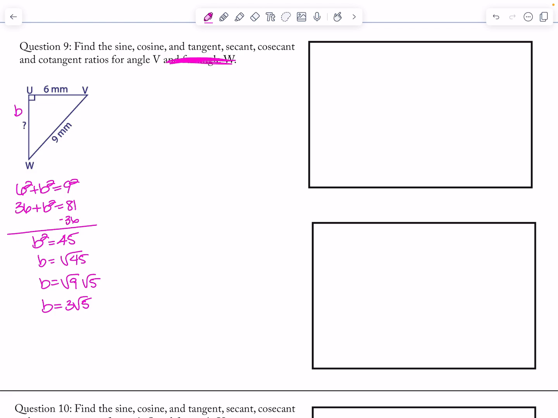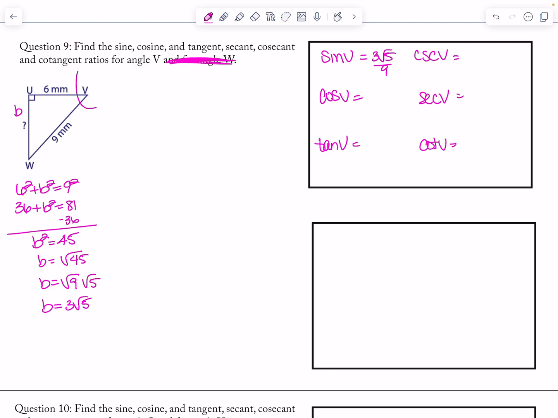So now I want sine, let's go with angle v, right? So I want sine of v, cosine of v, tangent of v. Then I want cosecant of v, secant of v, and cotangent of v. And I'm hoping that by now, as we're getting into a review assignment, you guys can rationalize the denominator sort of in your head. So we're going to do sine, which is 3 root 5 over 9.